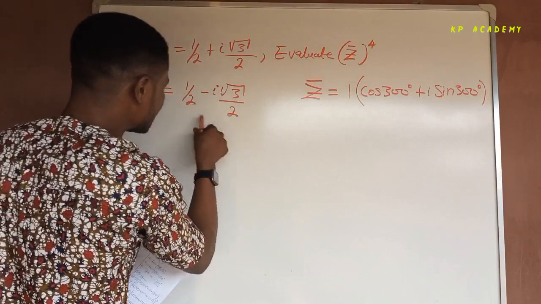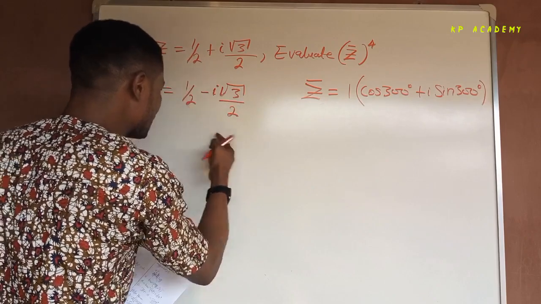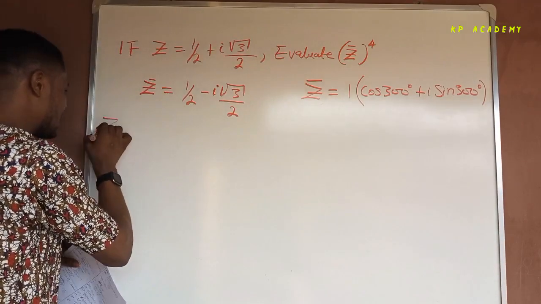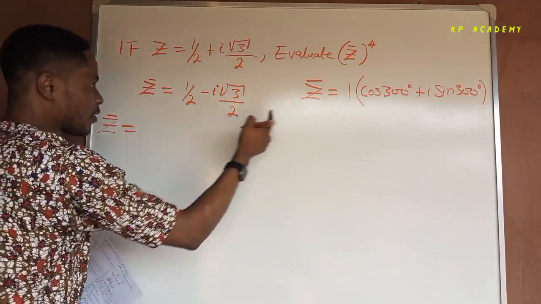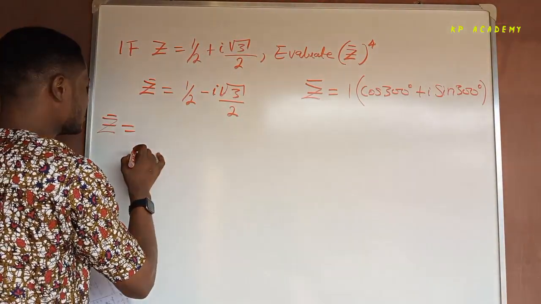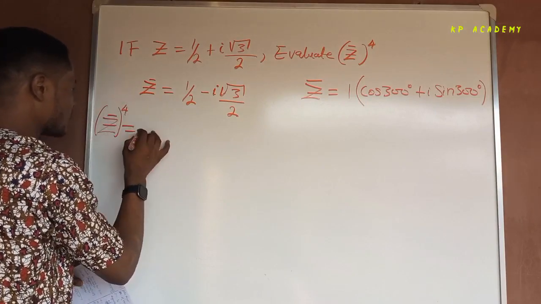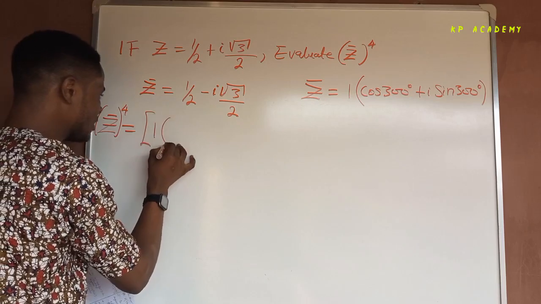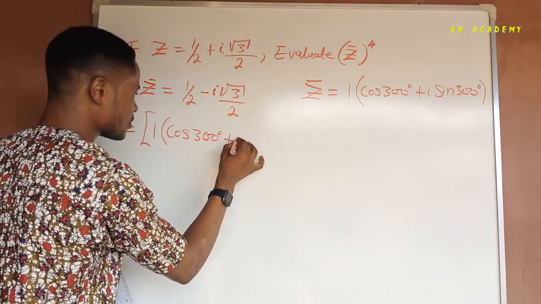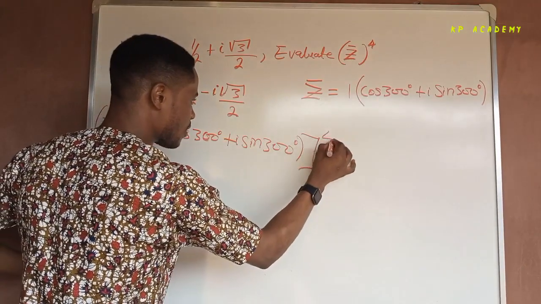Now z bar is this, and when we put this z bar in polar form, it is this. So z bar raised to power 4 will be equal to 1 into cos 300 degrees plus i sine 300 degrees, all raised to power 4.